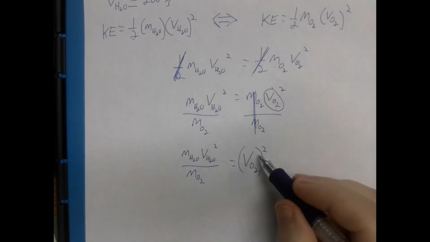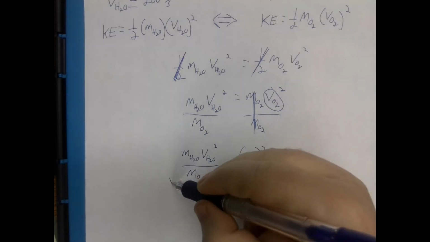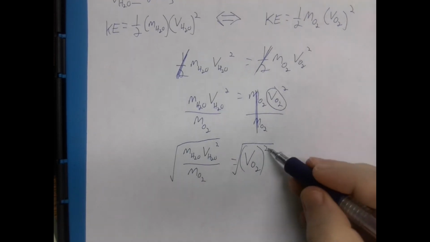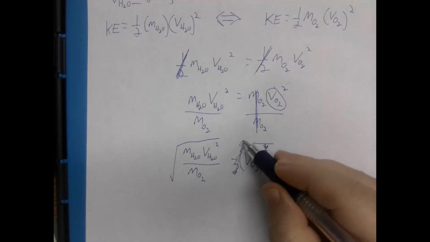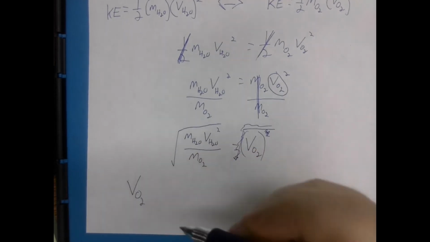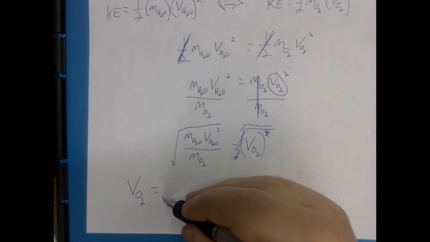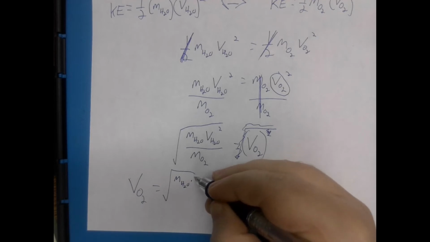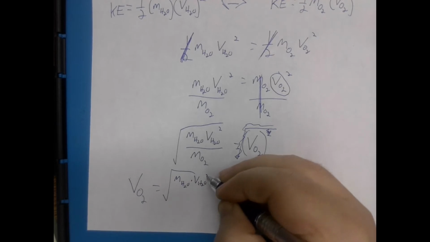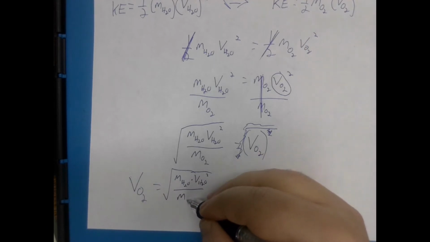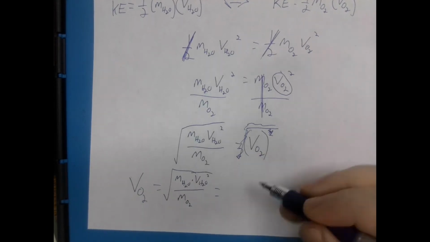To get rid of this square, we take the square root. Again, just algebra. The square root of a square cancels out. And so the velocity of an O2 molecule is equal to the square root of the mass of water times the velocity of water squared, divided by the mass of O2.